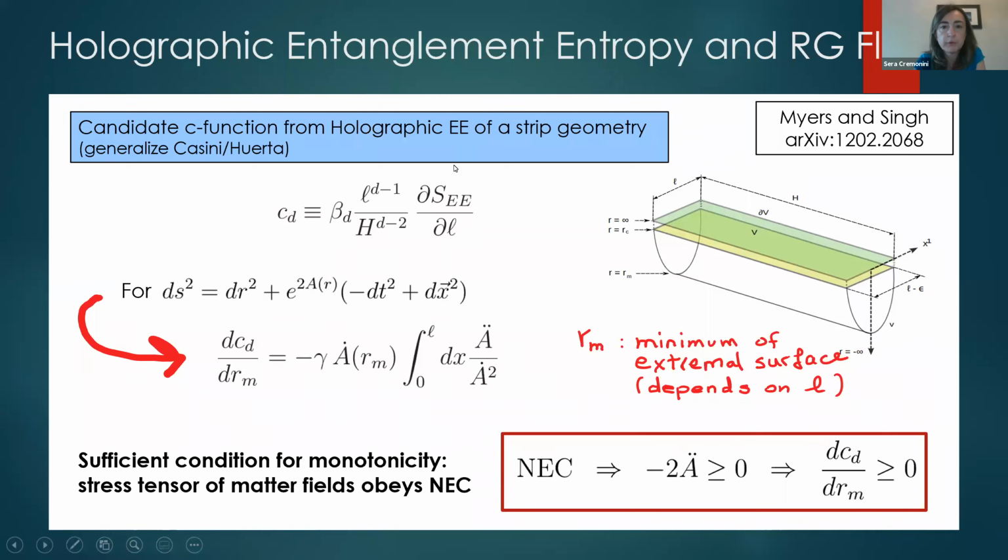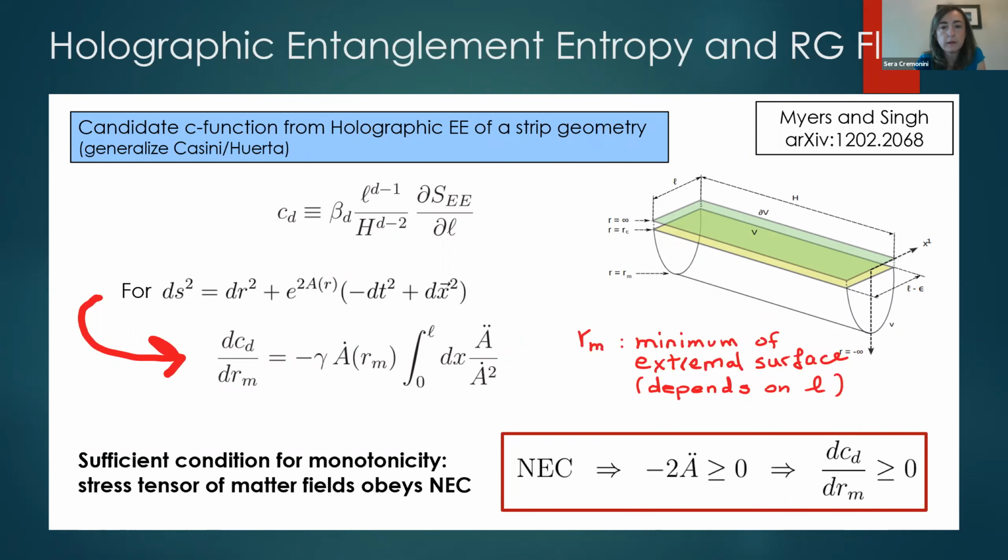So if you compute this C function, and if you compute the variation in entanglement entropy with the length of the interval, the length of the strip, you can find, after a lot of manipulations that I'm not going to go into, that the running of the C function is essentially controlled again by this A double dot. More precisely, it's an integral of this form, but the quantity that's of interest for us here is this A double dot.